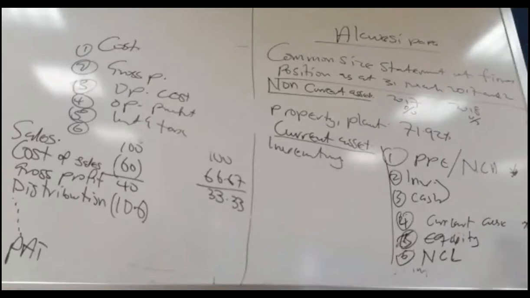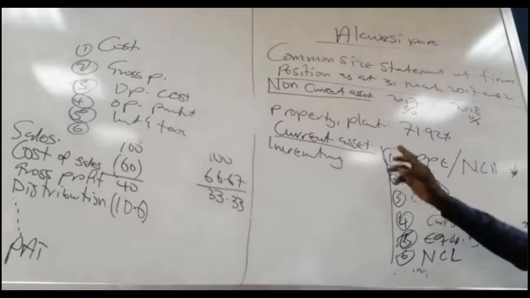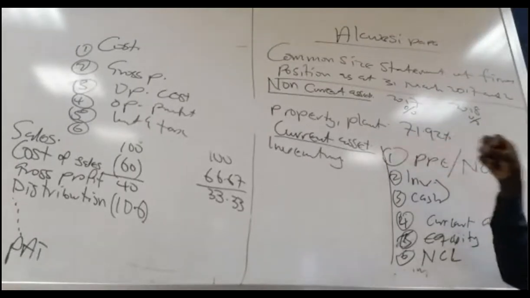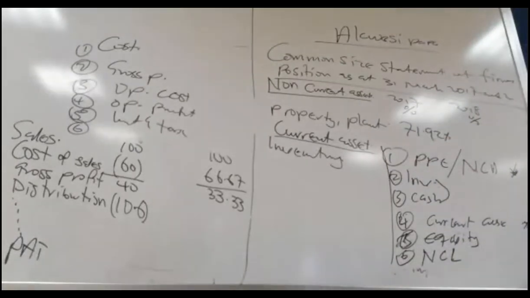So if you calculate and the PPE or the non-current assets are more than the current assets, then such organization could be what? A manufacturing organization. So here, it's clear that Akwesi Papa Limited is a what? A manufacturing organization, because your PPE alone is 71% of the total assets.